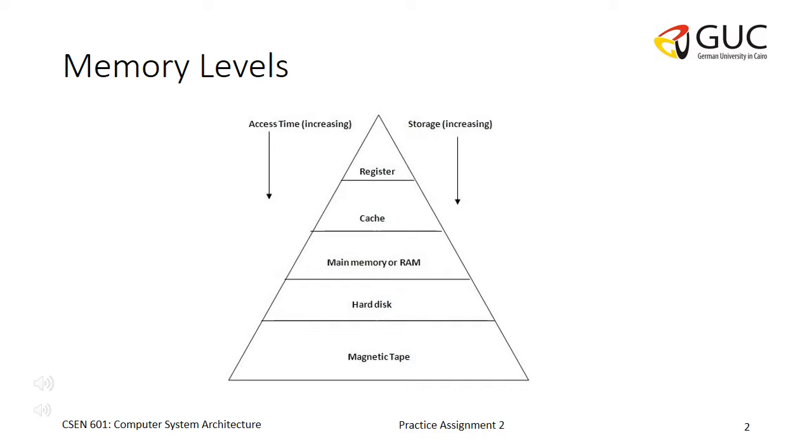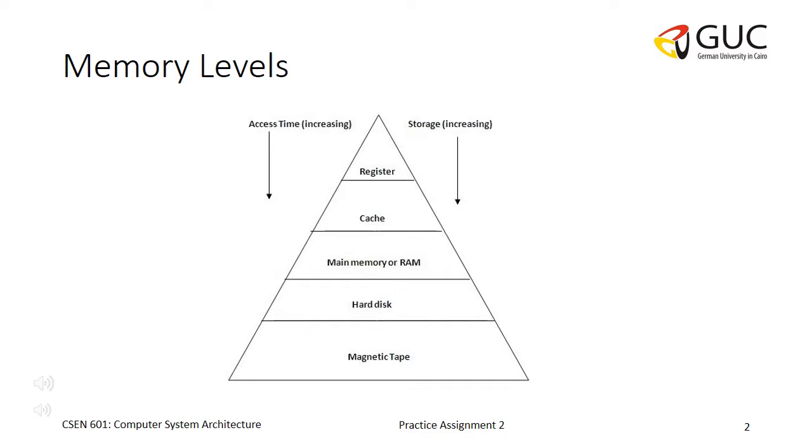However, we can't afford a big size of this, because the material of the transistors is very expensive compared to the materials of other transistors. Okay, that's why registers are very few in a computer. However, they are very fast.